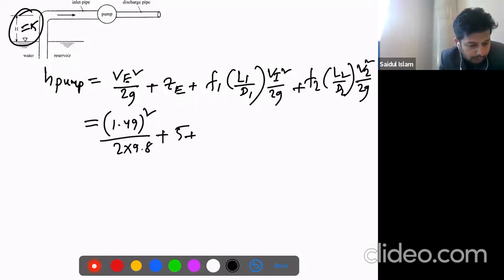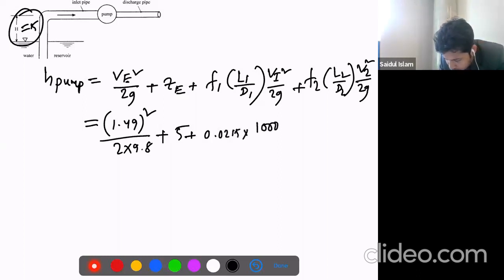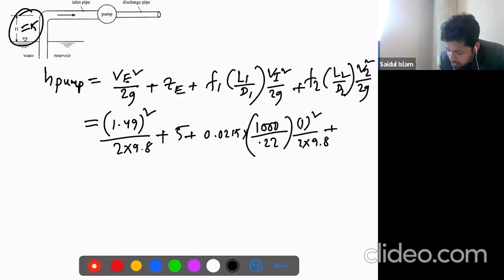F1, if I remember, we had f1 equal to 0.0215, right? 0.0215. The length is 1000, diameter 0.22, V1 is 1 squared, over 2 times 9.8.